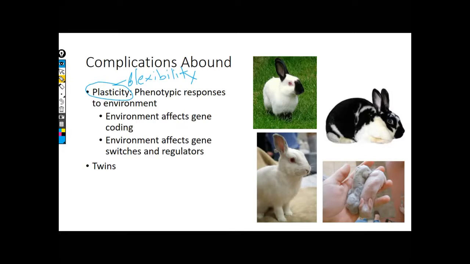If I'm in a cold environment, that cold environment is going to have my genes make proteins that help me survive in a cold environment. So even if I have the same DNA, being in one or the other of those environments is going to alter what proteins my DNA makes, and ultimately how my body reacts, which is ultimately how I look, right?